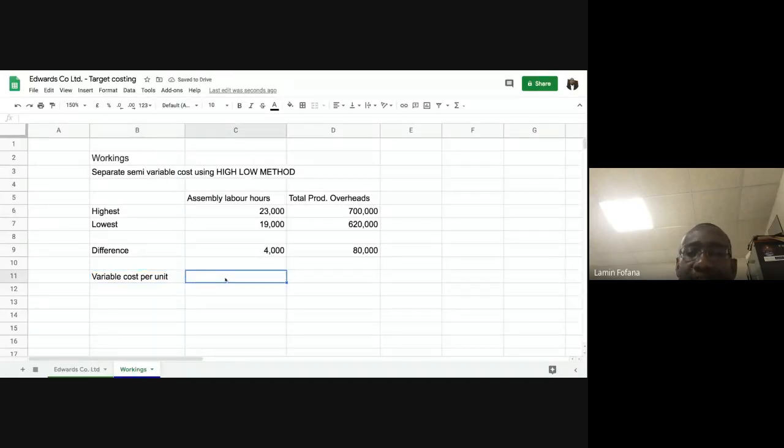And our variable cost per unit will be the difference of the production overhead divided by the difference of the activity level. So our variable cost per unit is $20. Is that clear?